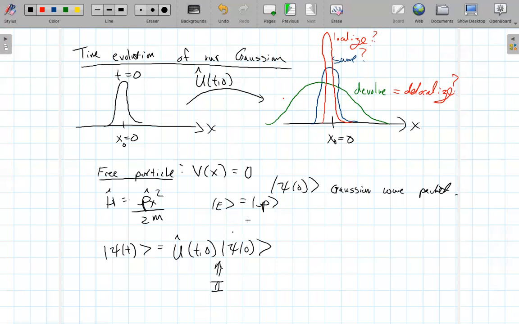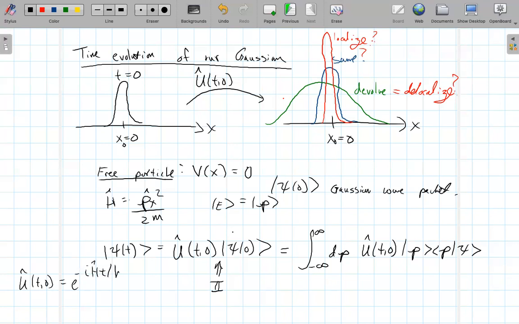but I'm going to insert it so that I do an expansion in terms of the momentum eigenstates. So this is going to be equal to the integral from minus infinity to infinity of dp. So I'm going to put in my time evolution operator here, and then we're going to get |p><p|psi>. Now, since this Hamiltonian is actually independent of time, our time evolution operator is simply going to be equal to e to the minus i Hamiltonian times the time divided by h bar.